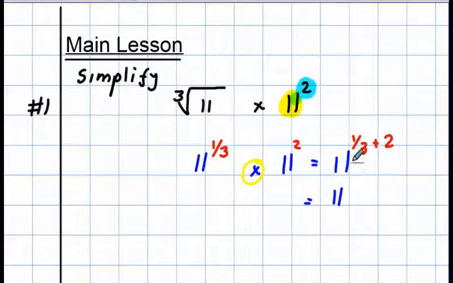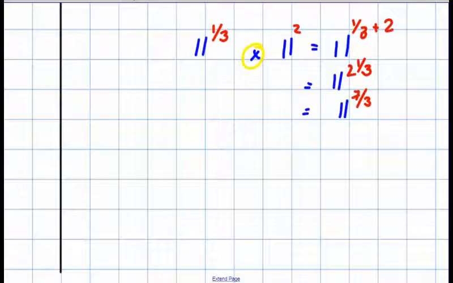Better speaking, you might want to change that to an improper fraction. Generally speaking, we like our numbers to be improper fractions when it's a power, okay? So I'll go through that again.